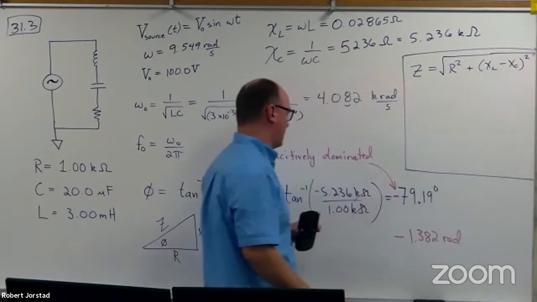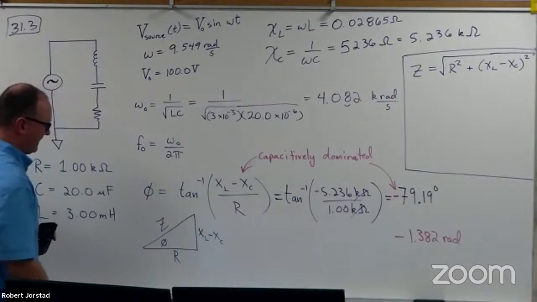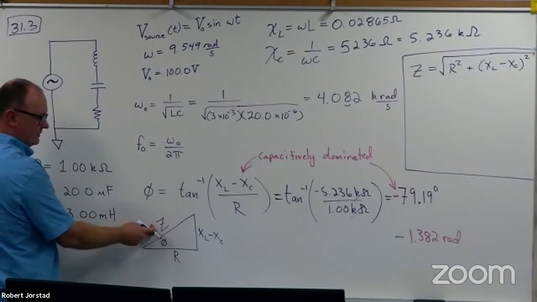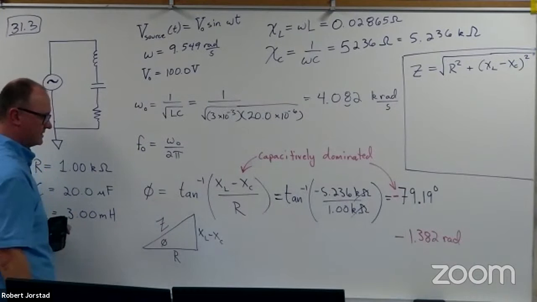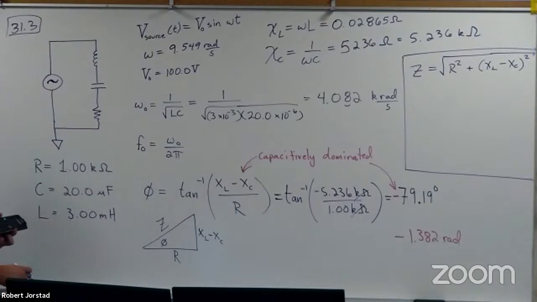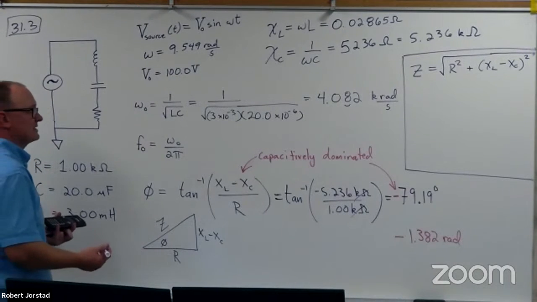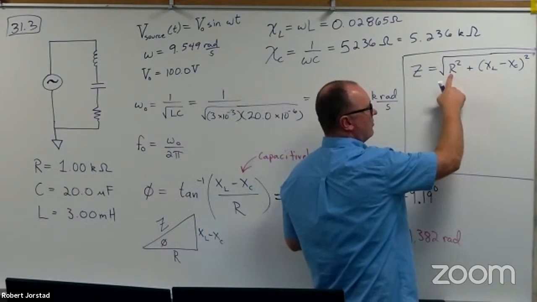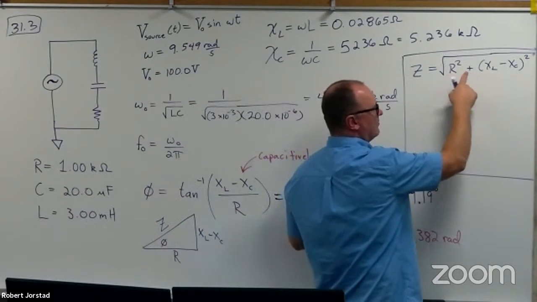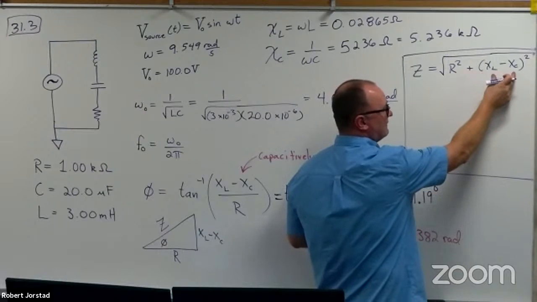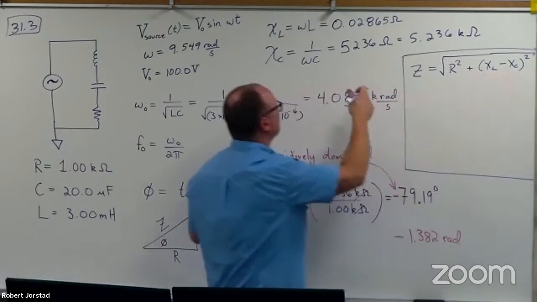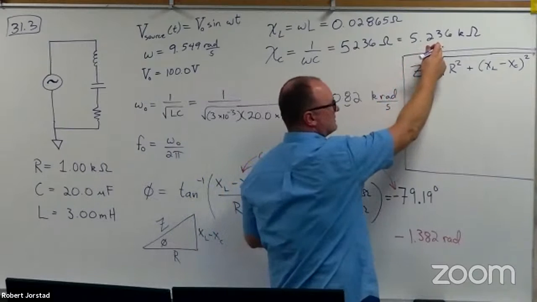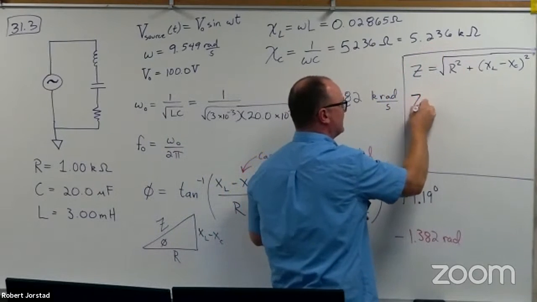All right, it's essentially the magnitude of the hypotenuse here, the size of the hypotenuse. Well, when I plug that in, again, in this case, XL is negligible, so it's basically 1 kilo ohm squared plus the quantity negative 5.236 something squared.